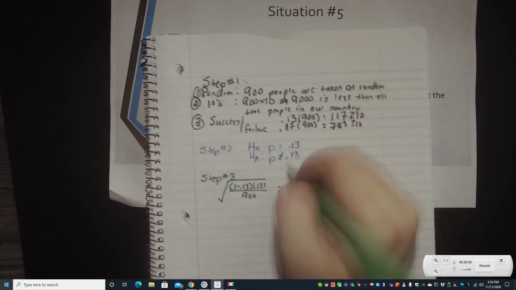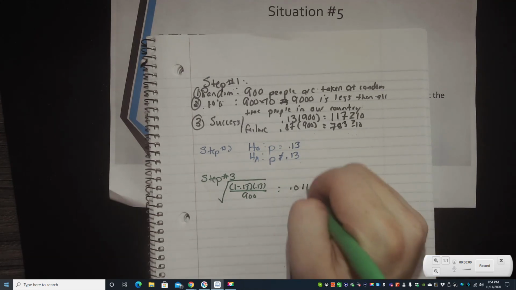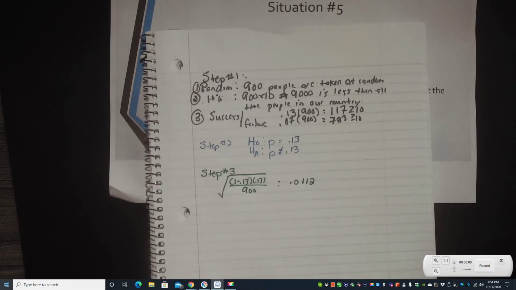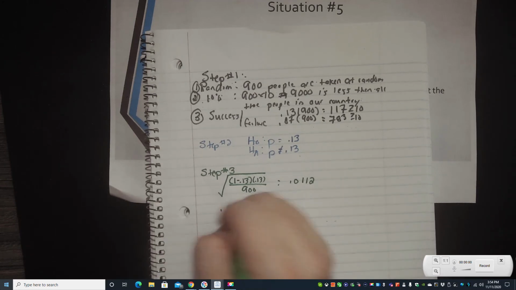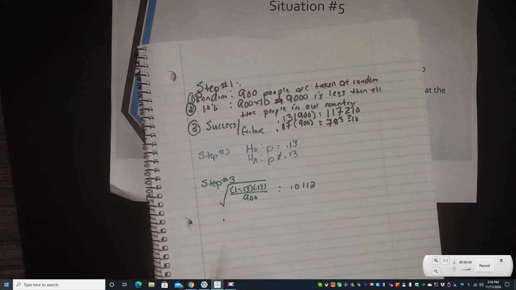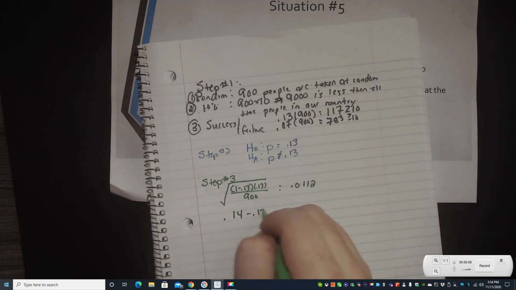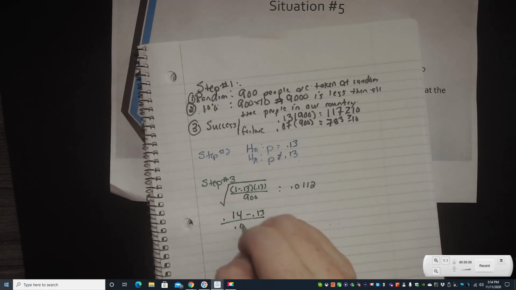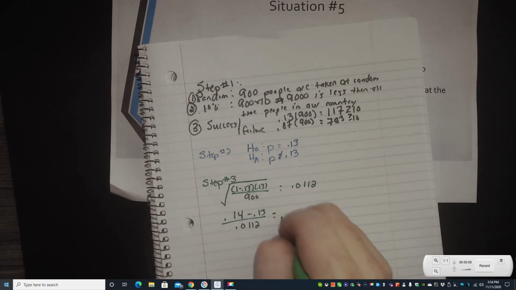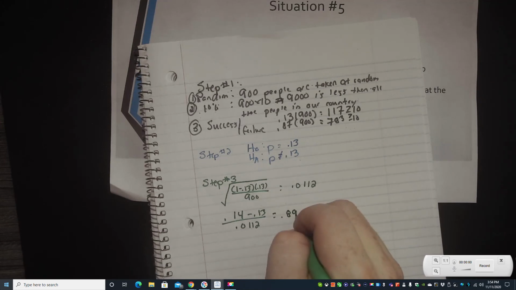So I get 0.0112, and then I'm going to do 0.14 minus 0.13 over 0.0112. And so that gives me 0.89.